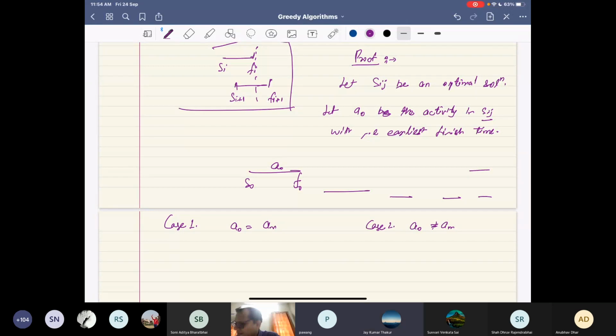I used the wrong notation. I was calling it AO, then I started calling it A0. I should use something else. Let me use AOPT. Okay, it's not your problem, it's my problem. Is that okay now? Sir, you have said that no activity should start before FOPT.